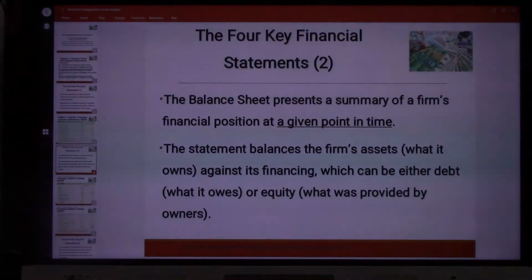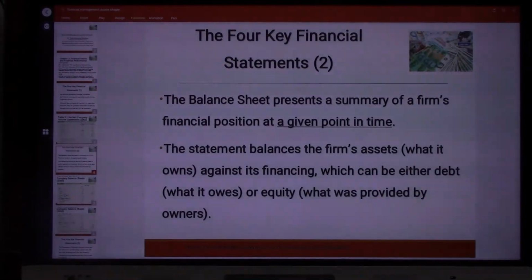Another type of financial report and financial statement which is necessary for computing the financial ratios is called the balance sheet. What is the balance sheet? The balance sheet presents a summary of a firm's financial position at a given point in time.